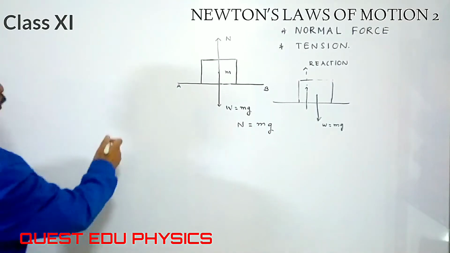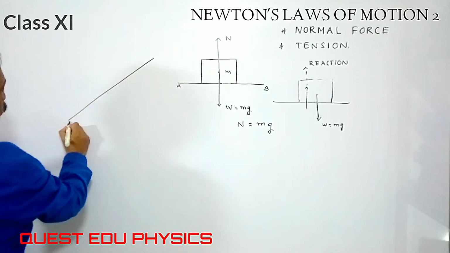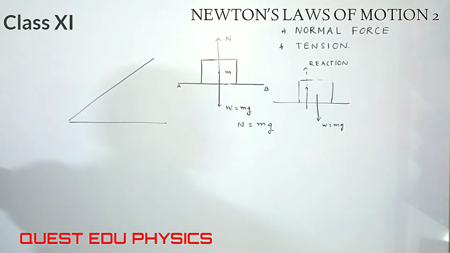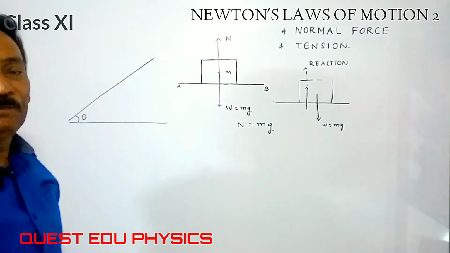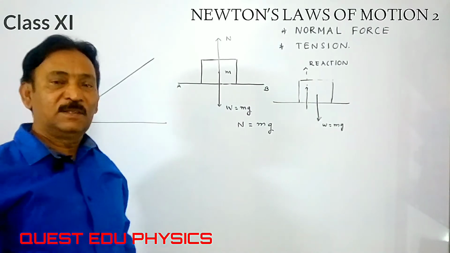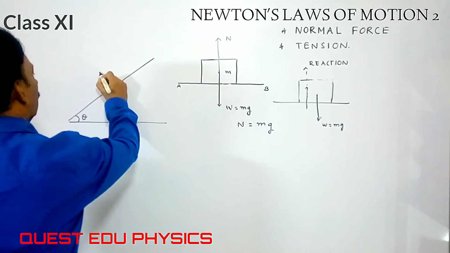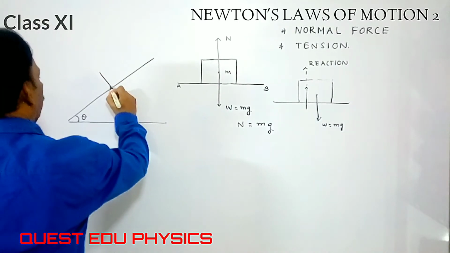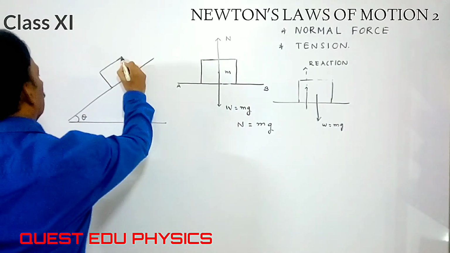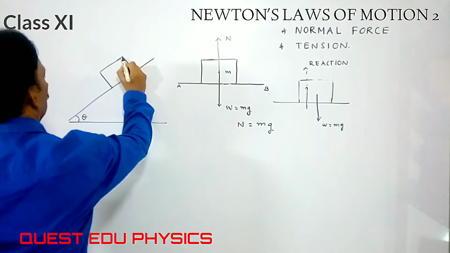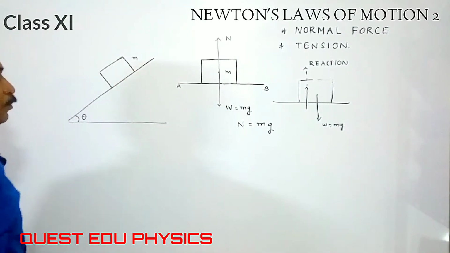Now just think we are taking an inclined plane, making an angle of theta with the horizontal. Let us find the normal reaction. The same block, with a mass of m, is kept here.